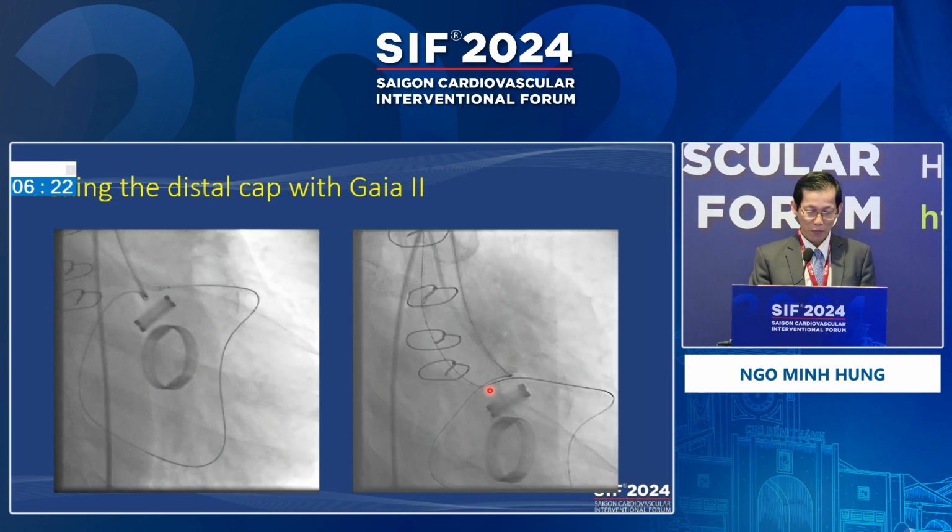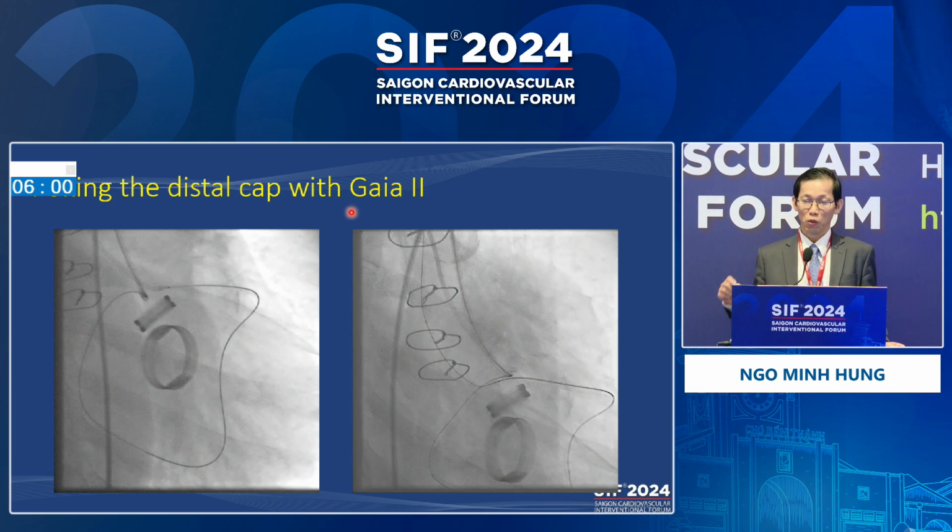Look again, see? So the guiding is just here for fun, not function. But I don't want to capture the wire here because it can make the wire rupture or something like that. So I keep pushing and go into the left or the right side, both sides.